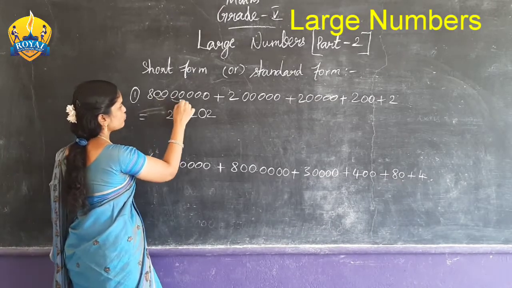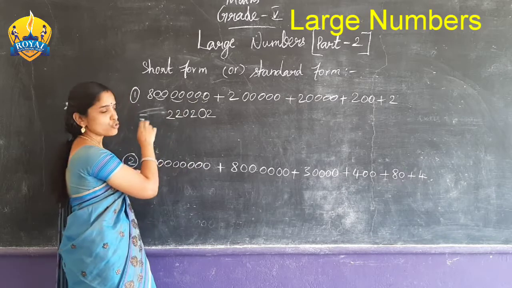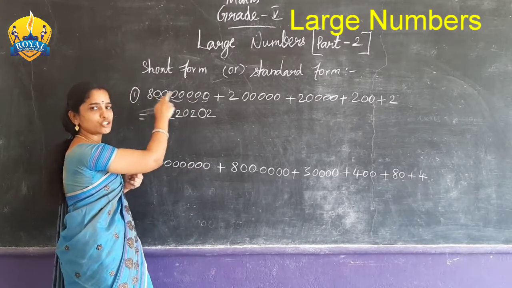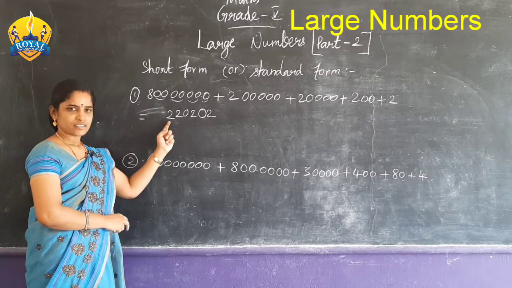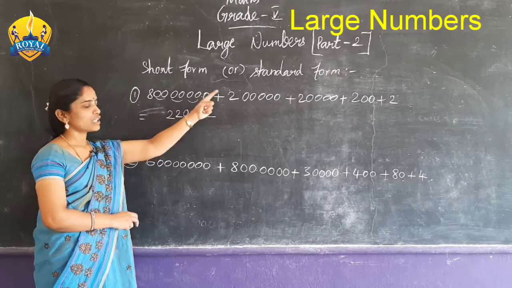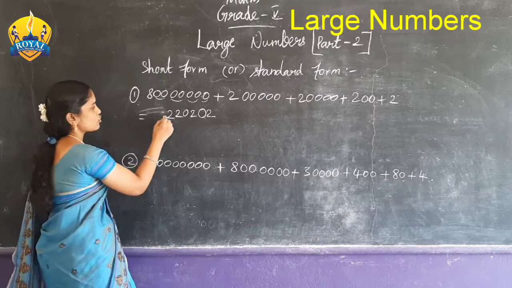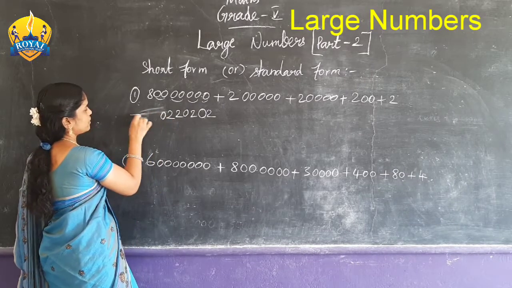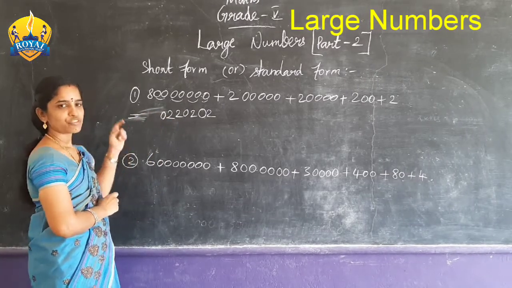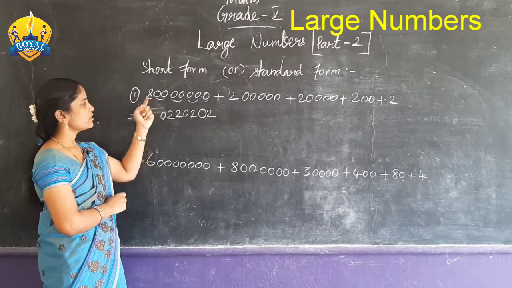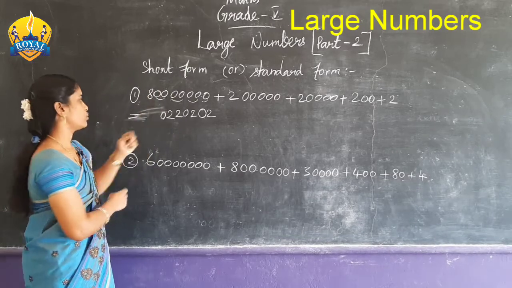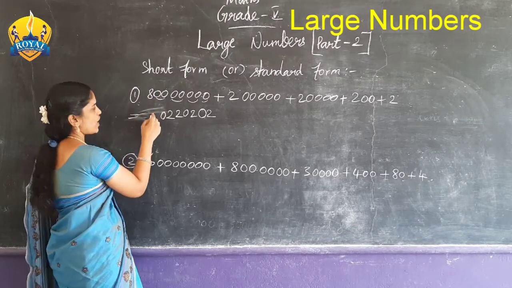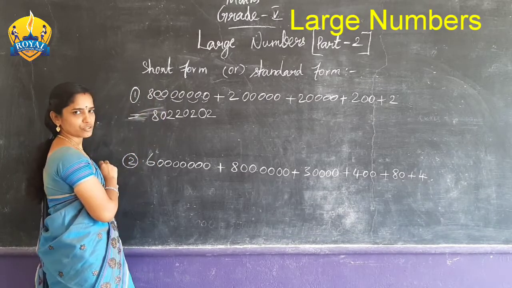Here 2, 4, 6, 7, so this is the crore number, 8 crore. But the next place is 10 lakh, and there is no number in the 10 lakh place, so we write 0. The next one, 7 zeros means crore, so 8 crore. The next one is the crore place, so the answer is 8.